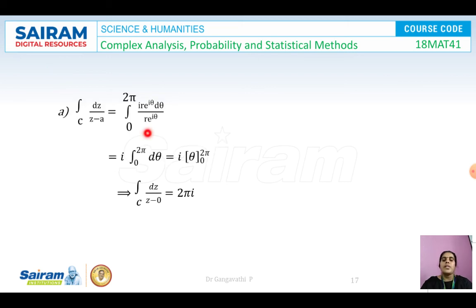The terms r and r get cancelled, e power i theta and e power i theta get cancelled. And i is a constant, you can write it outside, and we have only d theta. So integration of d theta is theta between the limits 0 and 2 pi, and the integral over c of dz by z minus a is 2 pi i.